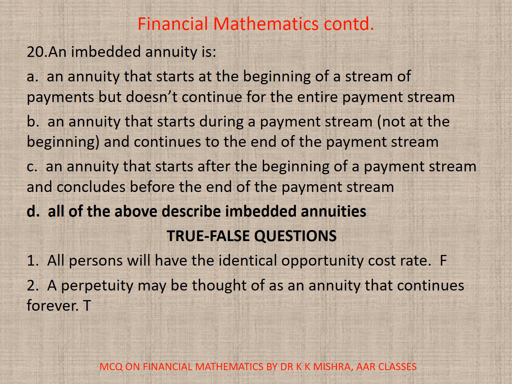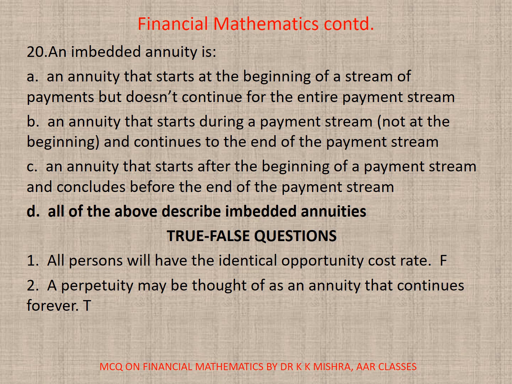embedded annuities. Now here I will take certain true false type questions. Also I hope that this may be asked. So here 1. All persons will have the identical opportunity cost rate. True or false? It is false. 2. A perpetuity may be thought of as an annuity that continues forever.